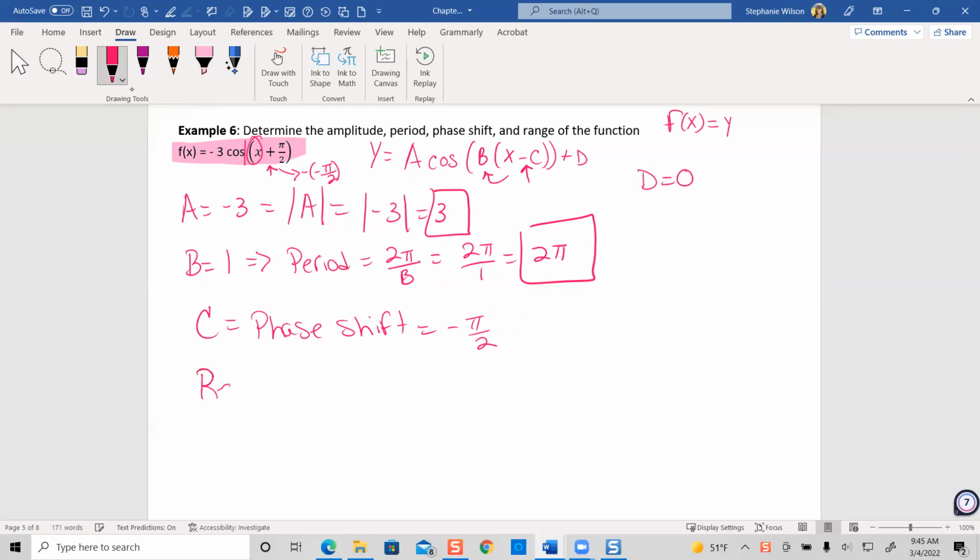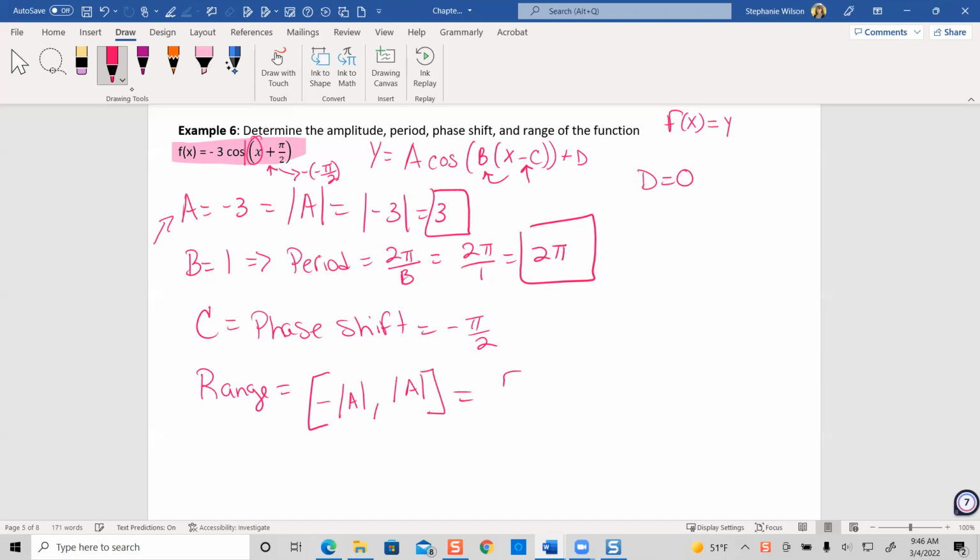Now let's find our range. Well, my range is going to be the y values, right? And what we know is it's going to actually come from my amplitude. So I have the negative of the absolute value of the amplitude, comma, and then the absolute value of the amplitude.